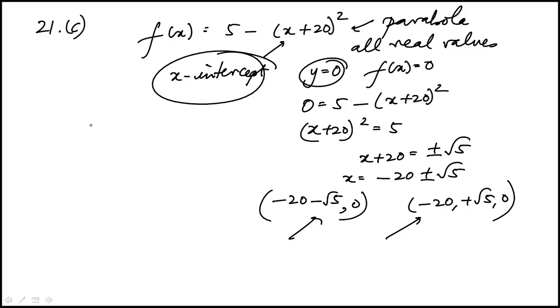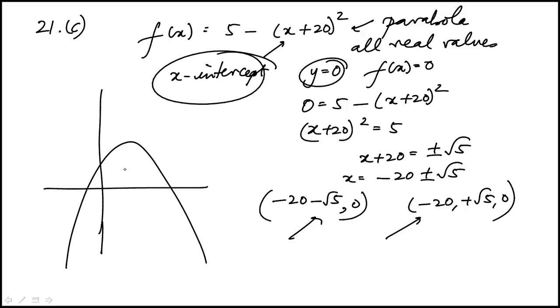Now the y-intercept is where the parabola, if I were to draw this out, let's say it looked something like that, intersects the y-axis, and that's where x is 0.